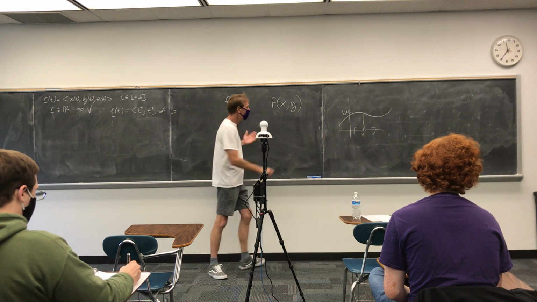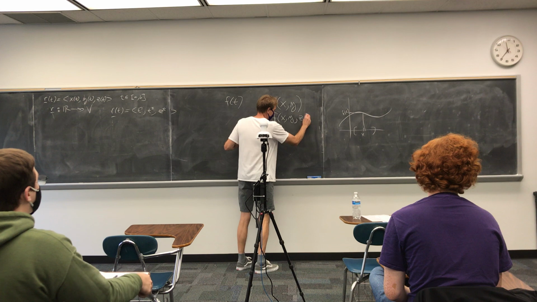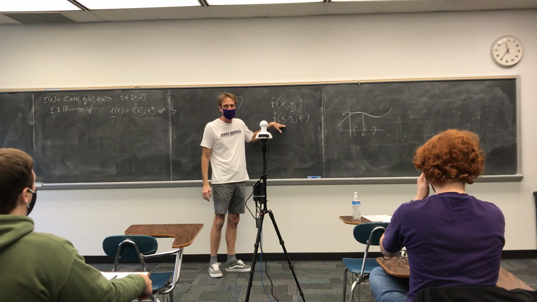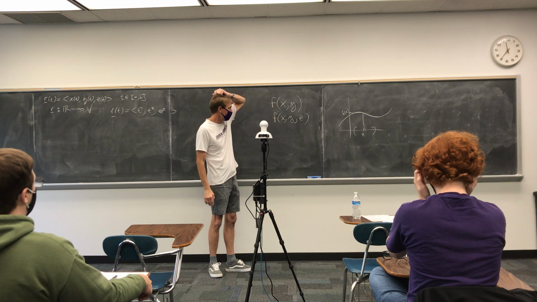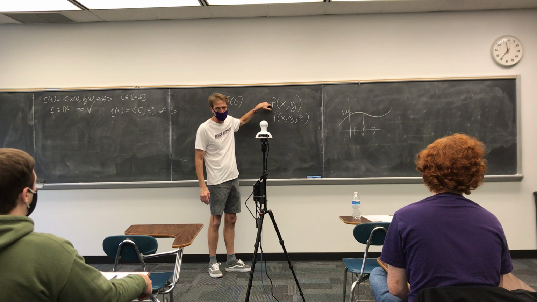The book also focuses a lot of time on x, y, and z, and sure, you're going to need that, but I'm not going to focus so much on it. I'm going to focus primarily on f equals a function of x and y.